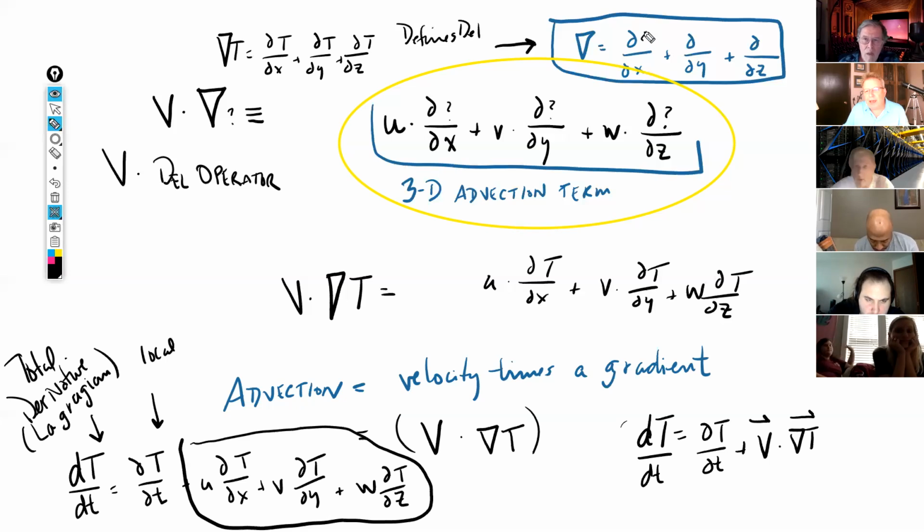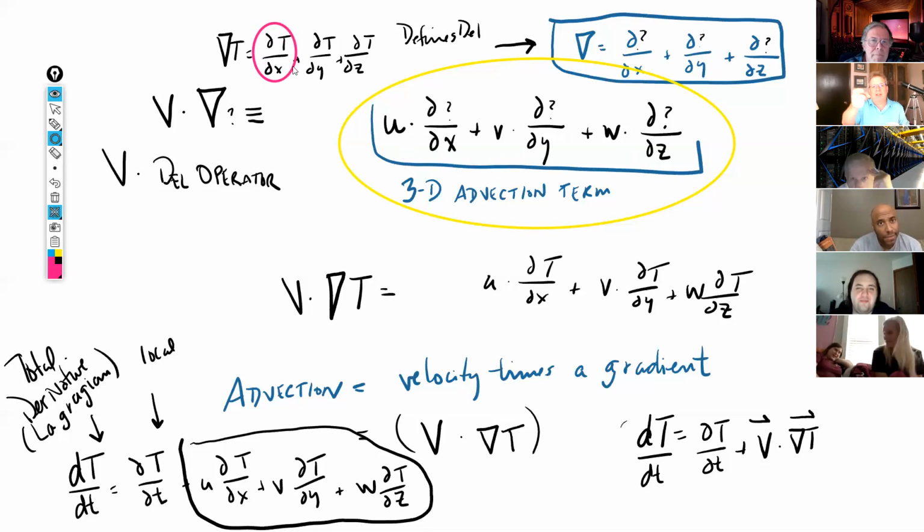Got it. Okay, so I put T as temperature in there. Going back down to where V times del T, V is the u, v, w vectors. Correct. And then del is, well, what is this term over here? What is that? Mike, what is that?